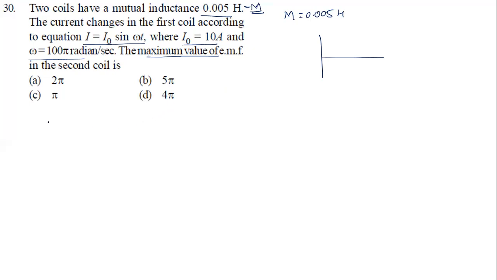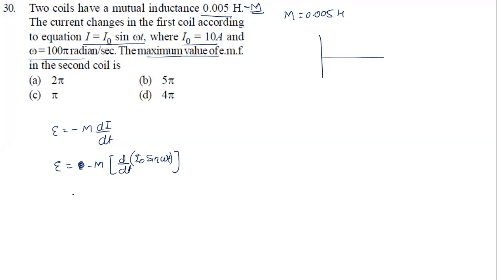Because EMF is given by E equal to minus M times di by dt. So E equals minus M into d by dt of I, which is given as I naught sine omega t.